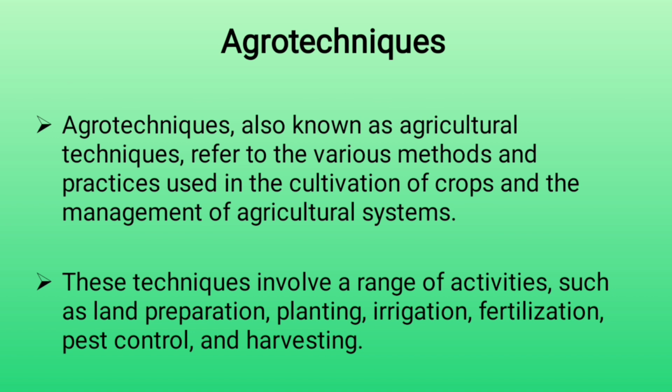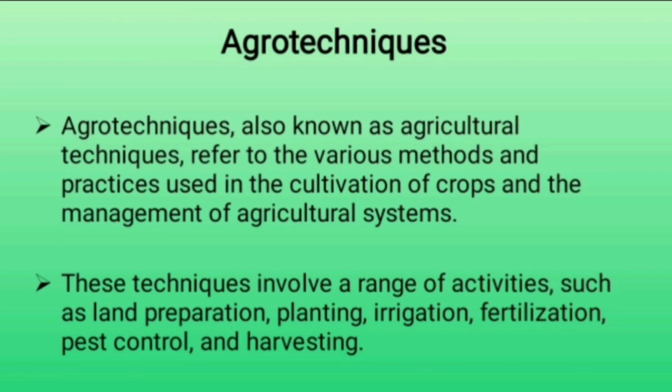These techniques involve a wide range of activities such as land preparation, planting, irrigation, fertilization, pest control and harvesting. These are the important steps before you start the cultivation of medicinal plants in your country, your region.